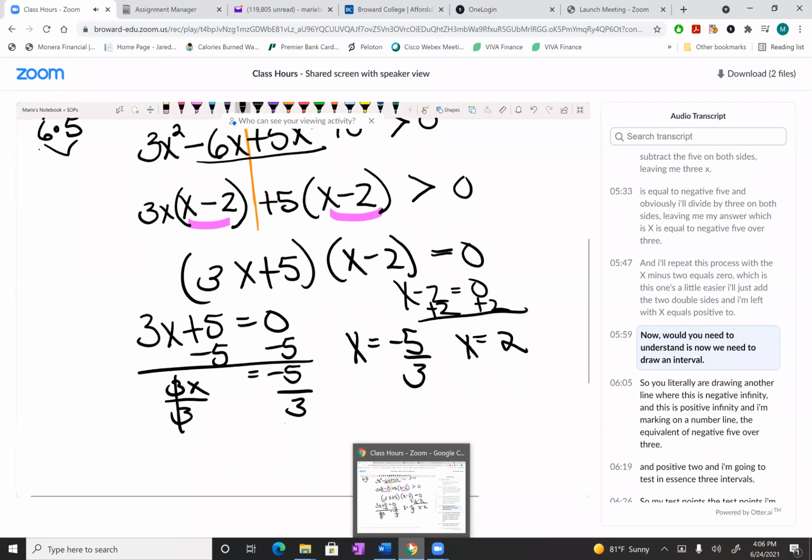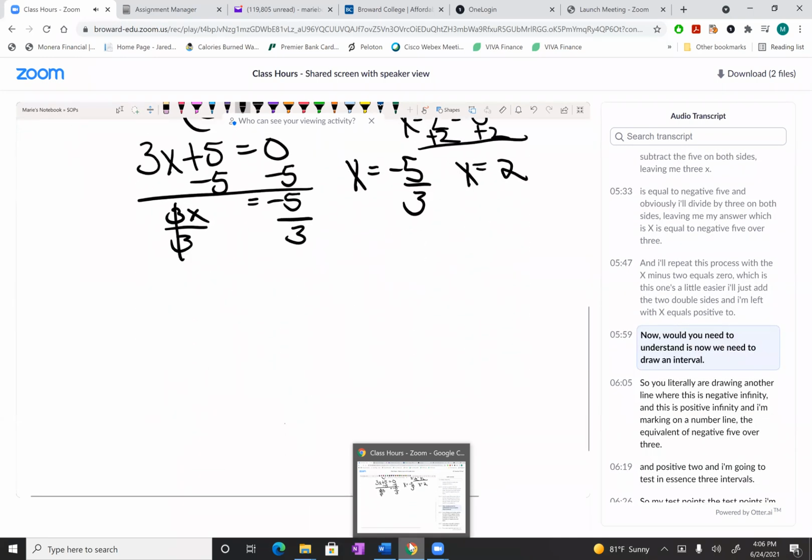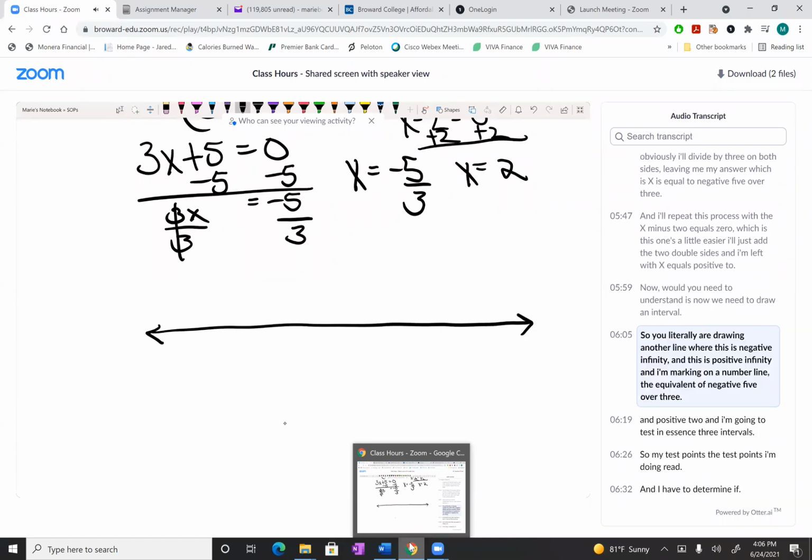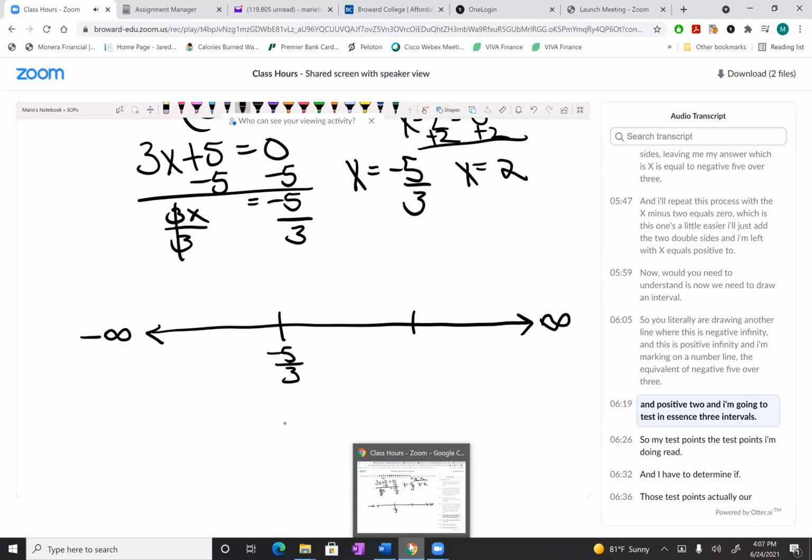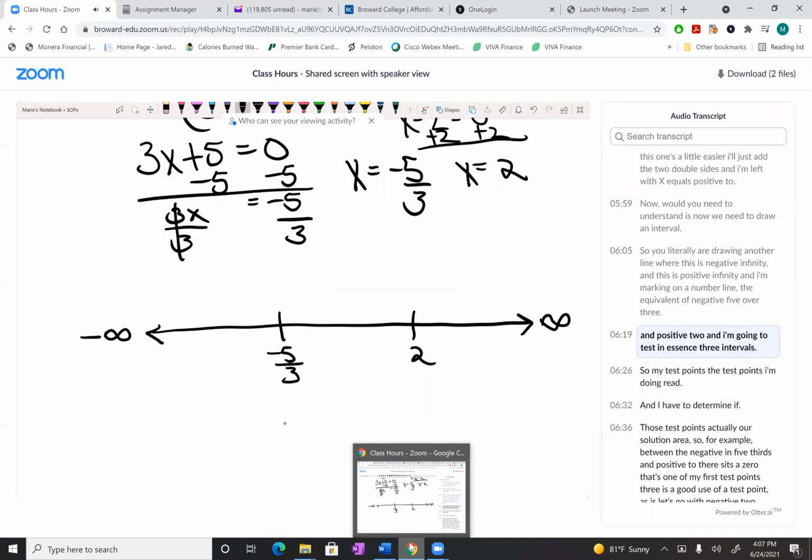Now, what you need to understand is we need to draw an interval. So you literally are drawing a number line where this is negative infinity and this is positive infinity. And I am marking on a number line the equivalent of negative 5 over 3 and positive 2. And I'm going to test, in essence, 3 intervals.